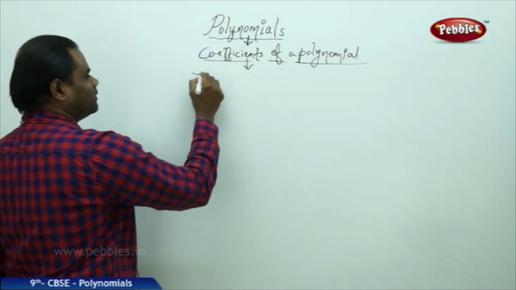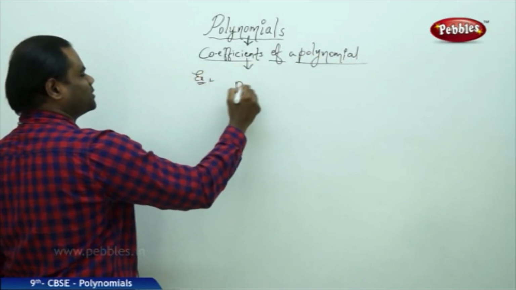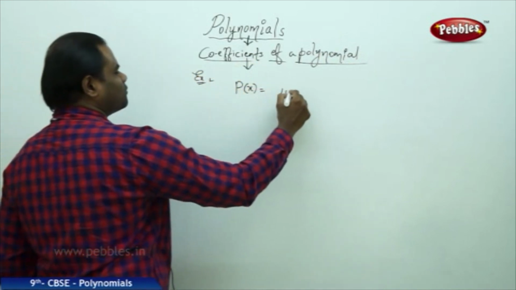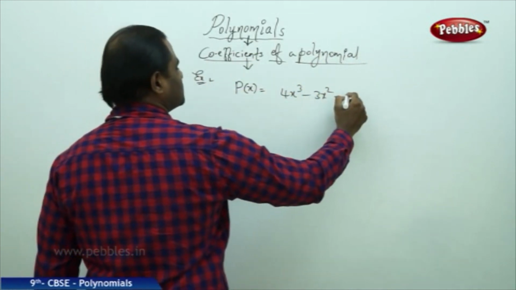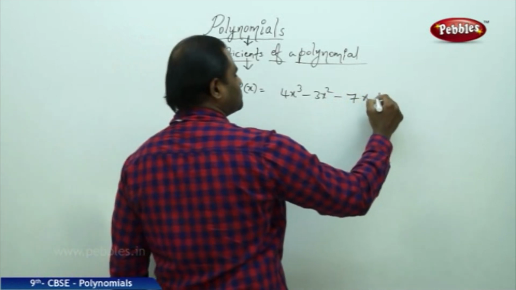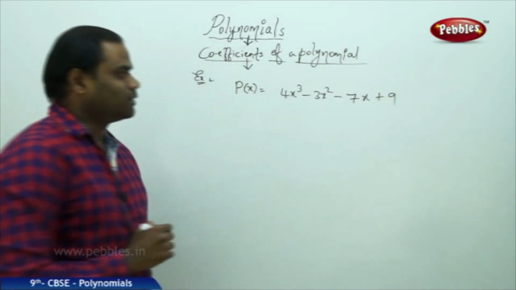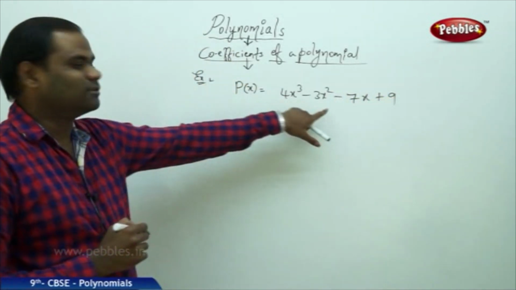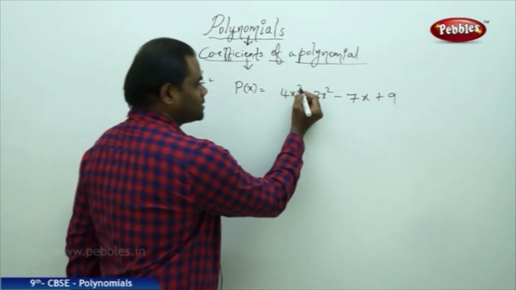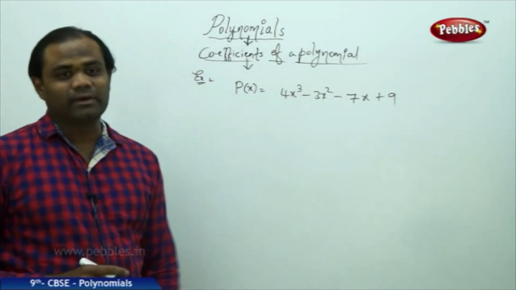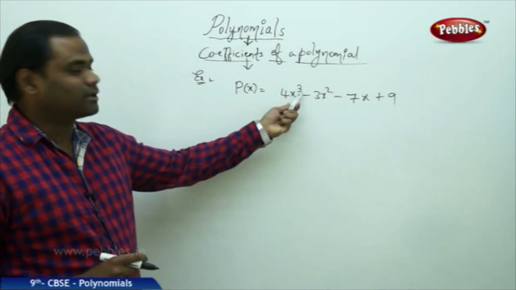For example, I take the polynomial function p of x is equal to 4x cubed minus 3x squared minus 7x plus 9. Now in this case, it is a polynomial with 4 terms and it has the degree 3 because the highest degree here, or the highest value of the power x, is identified to be 3.